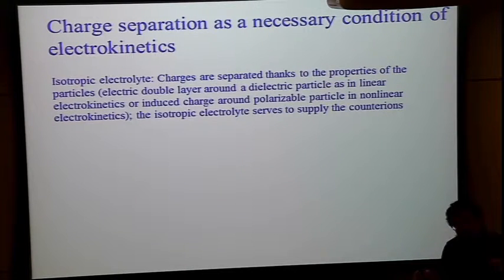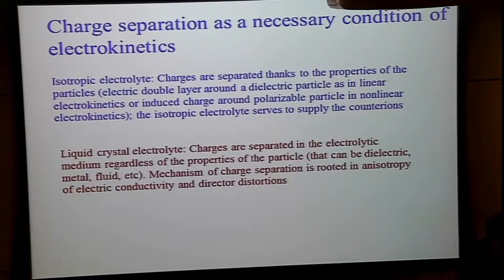So we conclude that in isotropic electrolytes, what we need is to separate the charges. Either we separate them through the electric double layers, which is independent of the applied electric field, or through the polarizable surfaces that collect positive and negative charges around themselves, and then the applied electric field acts on the very same charges it created to move the fluid around.